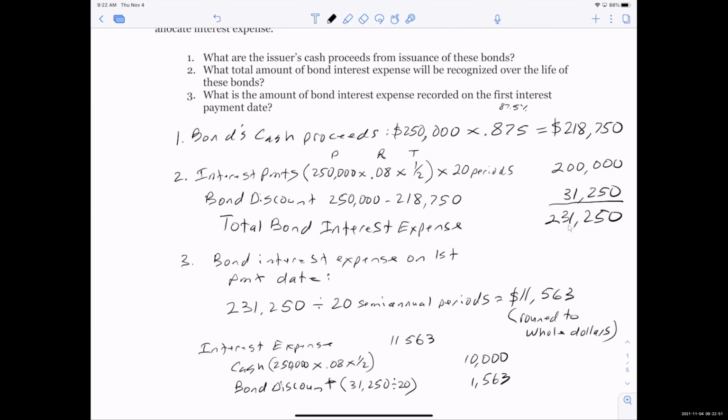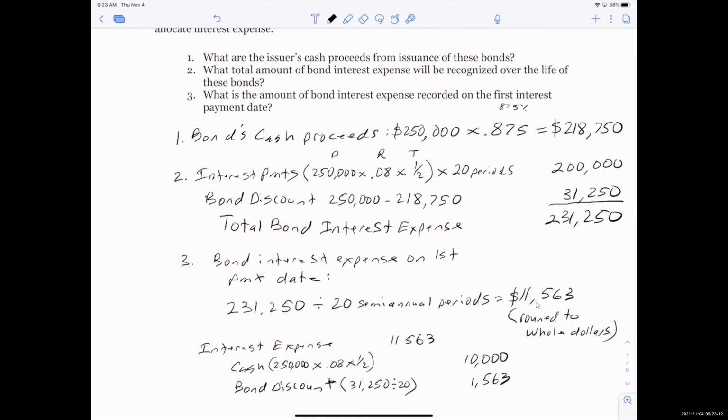See that? We need to move this to interest expense. Well, we're going to do that every 6 months. We're going to recognize 11,563, and at the end of the 20 periods, we'll have recognized the whole interest expense of 231,250, right?